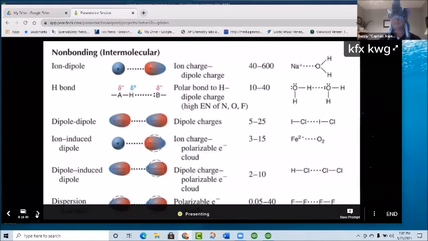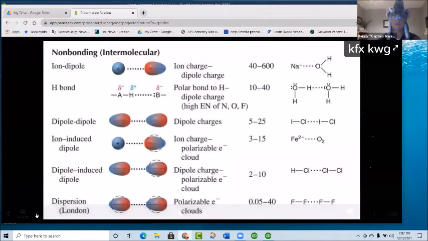All right, you guys have covered this, so I'm not here to teach y'all all this, but let's just go over all the types of IMFs, right? So when something is polar, we say it has a dipole. So we're right there in the middle where it says dipole, dipole. Anything that's polar has a positive end and a negative end.